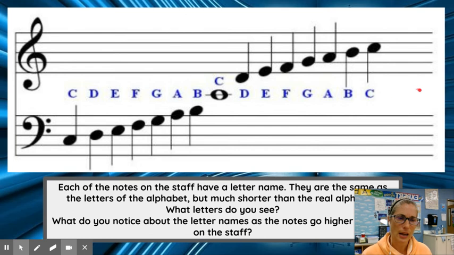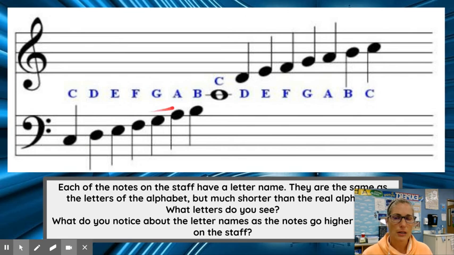D, E, F, etc. So you'll notice that as the notes go up the staff, the letters go up as well. And as we go down the staff, the letters go backwards instead.